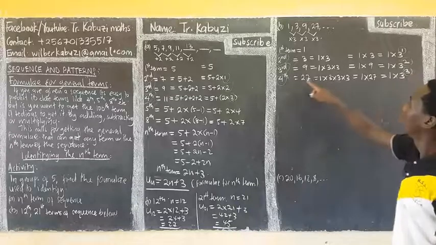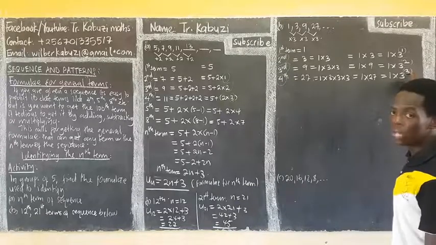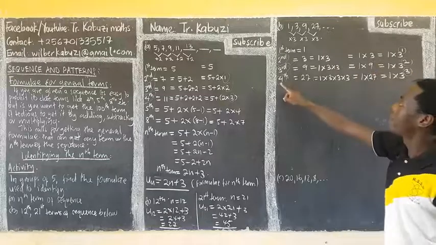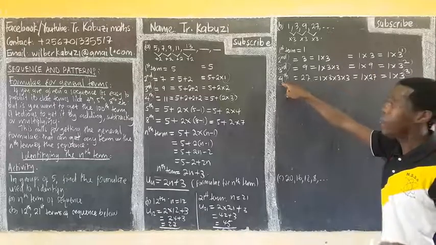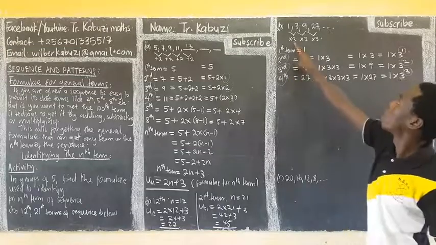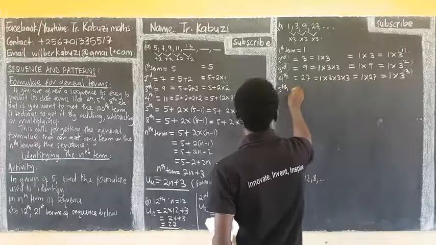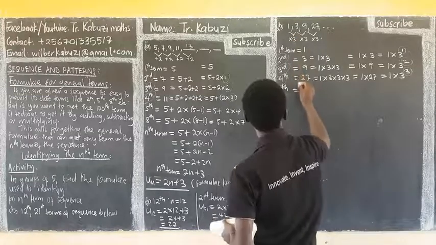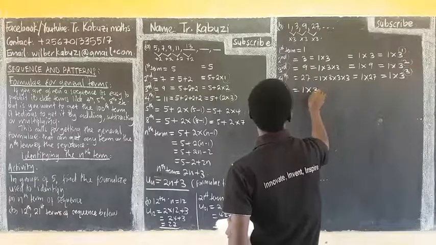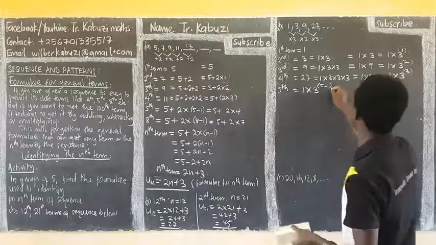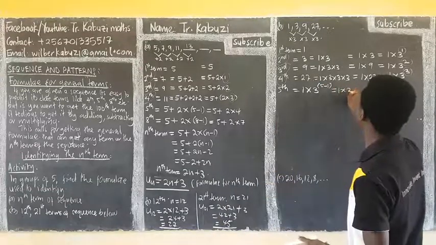So it means that now, if this is 4, this is 3, what do they do? They subtract off 1. So if I have the fourth term, I reduce it by 1 to get the power of what we multiply through. So if I have the 5th term, let me see. The 5th will be the first times 3, then 5 minus 1, which will be 4. So 1 times 3 power 4.